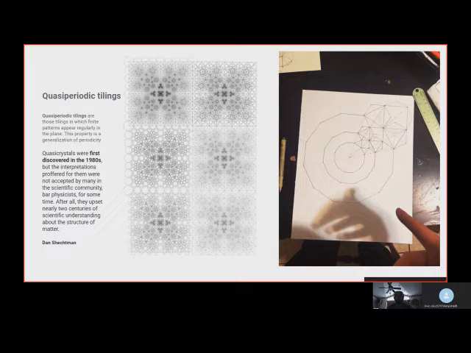After all, they upset nearly two centuries of scientific understanding about the structure of matter. So, of course, it's showing that it's fractal, as many theoretical mathematicians have theorized about before. Buckminster Fuller, Walter Russell, quite a few to name a couple.